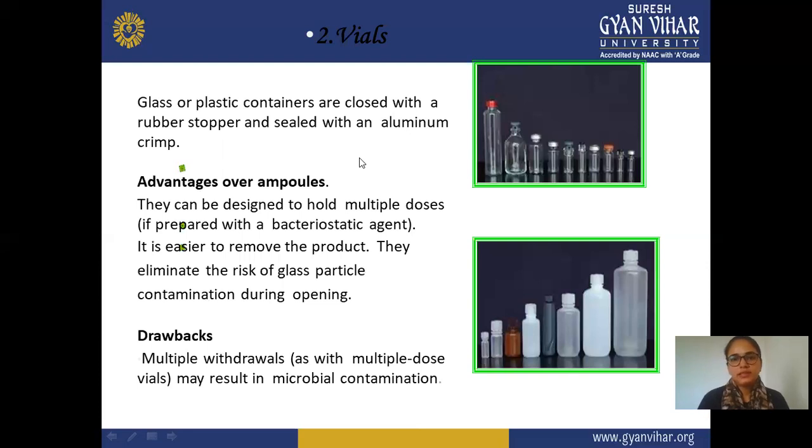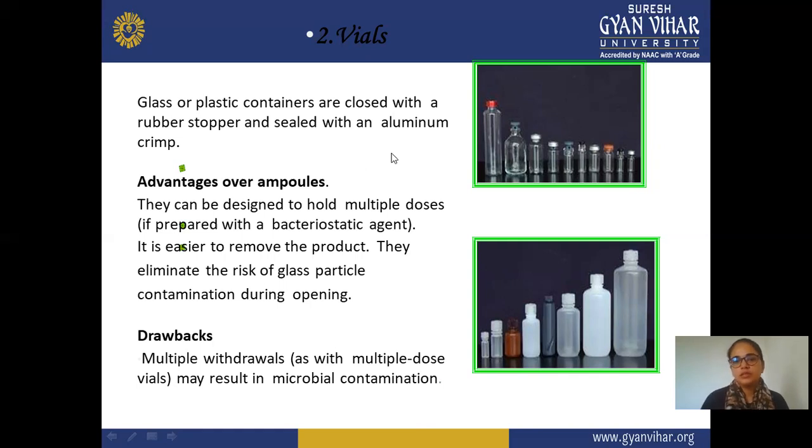Next is vials, and vials are the second container that you use for your parenterals. In this second container, glass or plastic containers are closed with a rubber stopper and sealed with an aluminum clamp. Mainly for parenterals, we are using glass as well as plastic containers, or the majority of the containers are plastic, and these containers have a stopper or cap made of aluminum, which is sealed onto the upper part of your plastic or glass container.